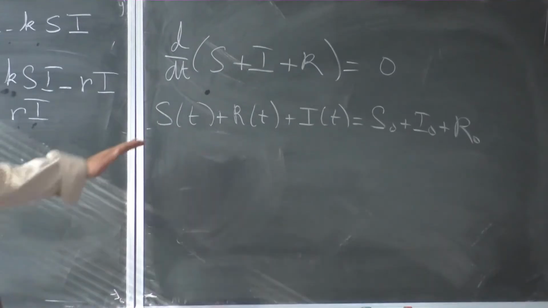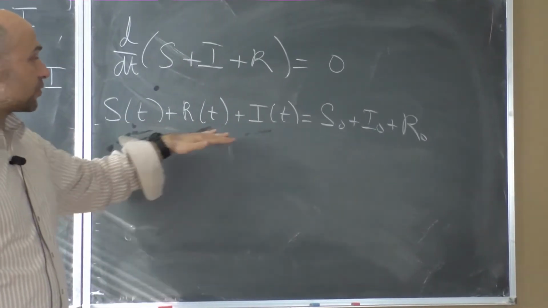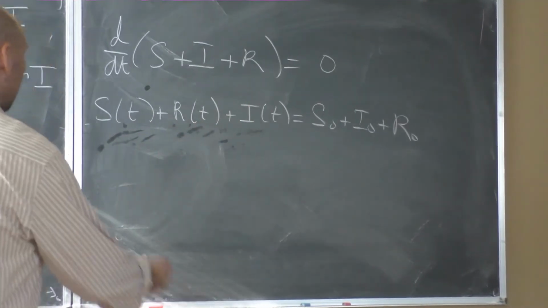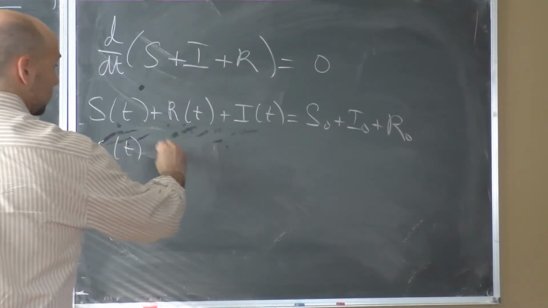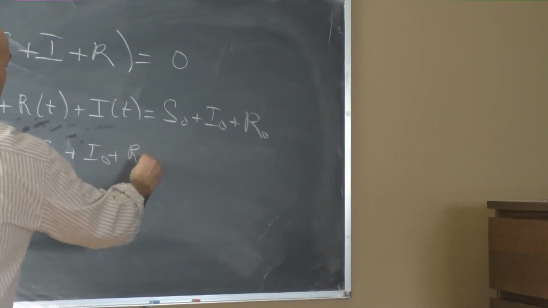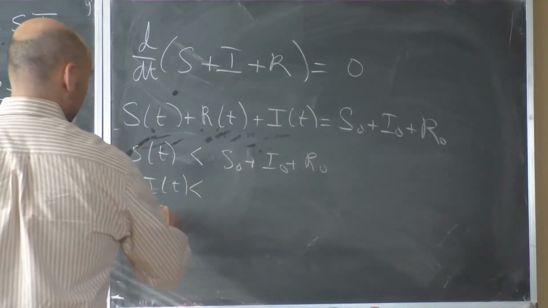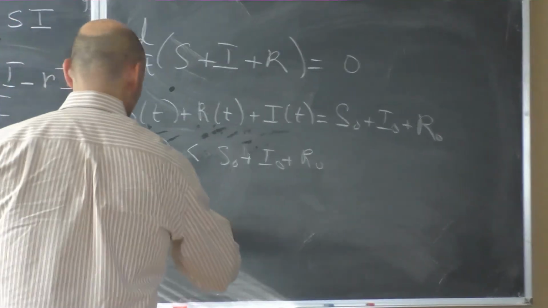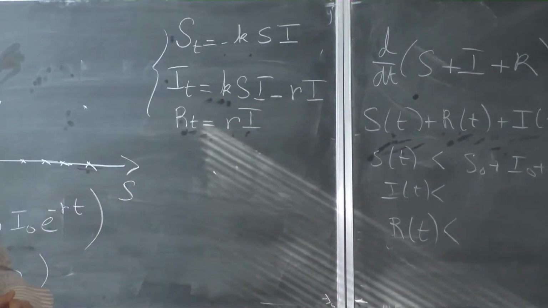Okay, but this is positive, right? So for any time this is true, but since this is positive, I have that s of t is less than s0 plus I0 plus r0, and the same for I, and the same for r. All right.